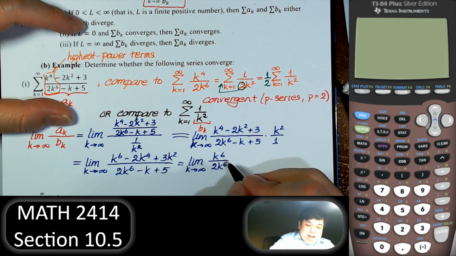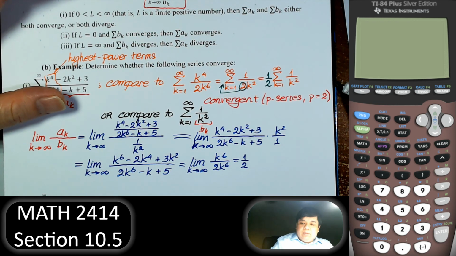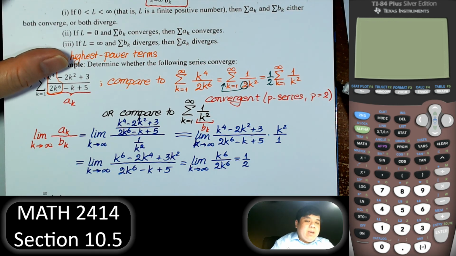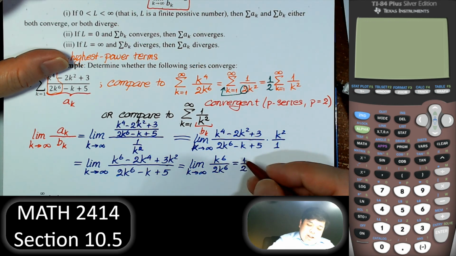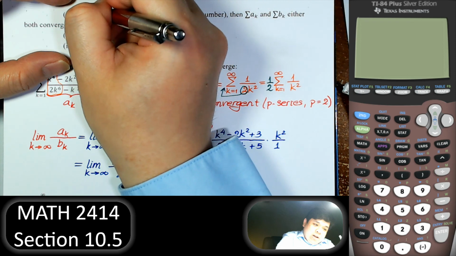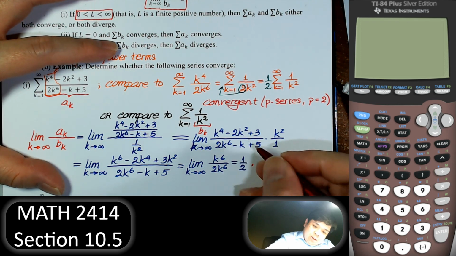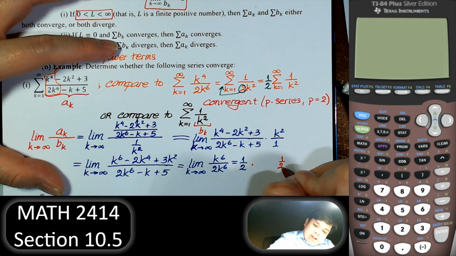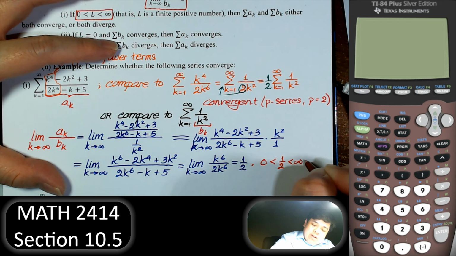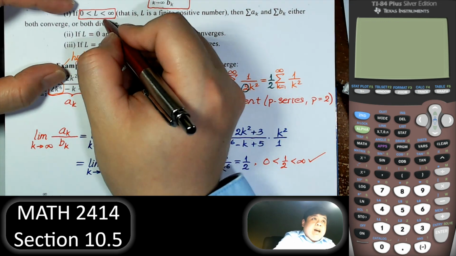And when the k to the 6th cancel out, we just have 1/2. Now, 1/2 is certainly between 0 and infinity. Yes, so we have that one checked.